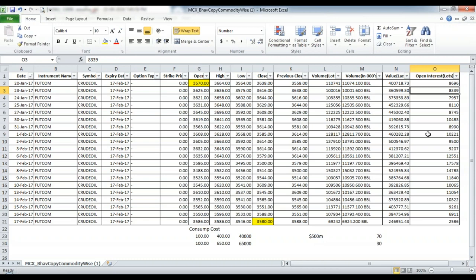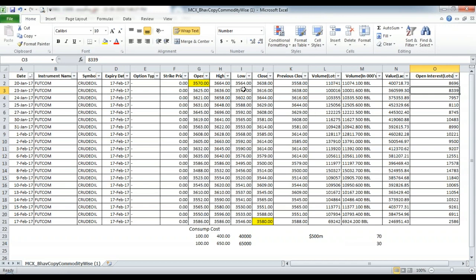Like in the case of deliverables, we learned in the cash market, whenever the deliverable quantity is more, it is actually selling. It is not buying, right? Because the deliverable quantity increases only when an existing investor decides to sell his shares in the market. Make sense? It is identical.